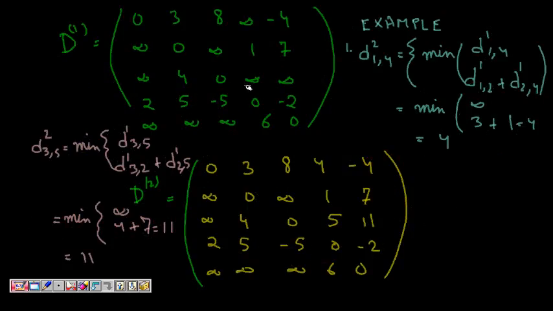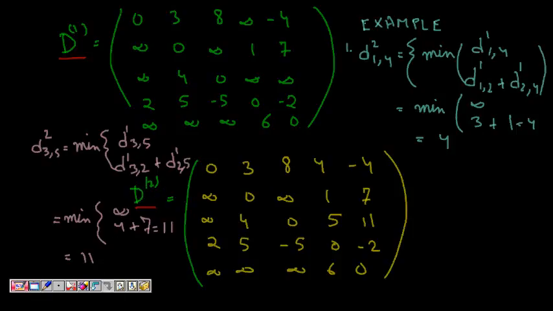Okay, so now let's proceed further. I have taken the example, and D1 can be calculated. So I have calculated D1, and this is D2. D1 means all the distances from node i to j use just the first node, from 1 to 1, and in D2 I have used nodes 1 to 2.